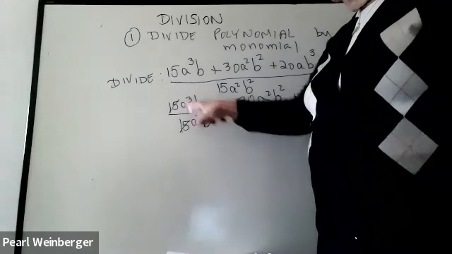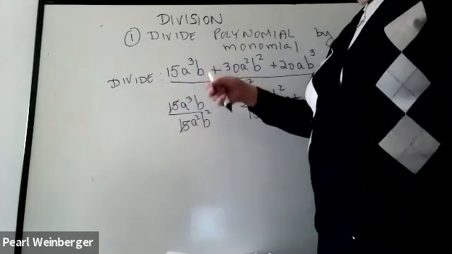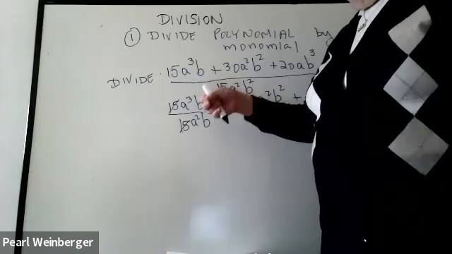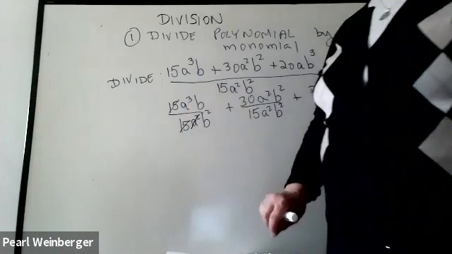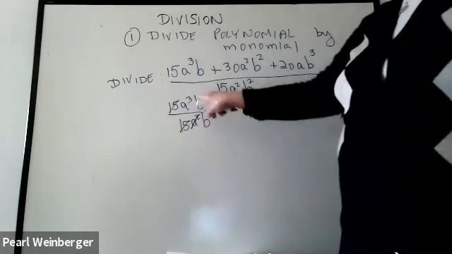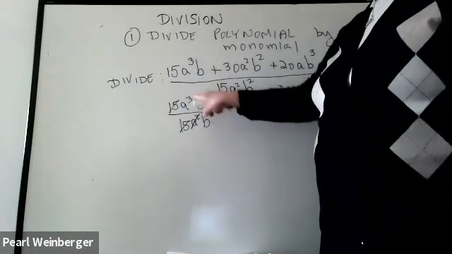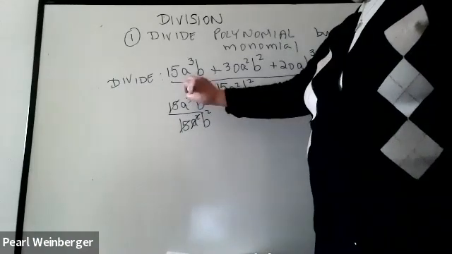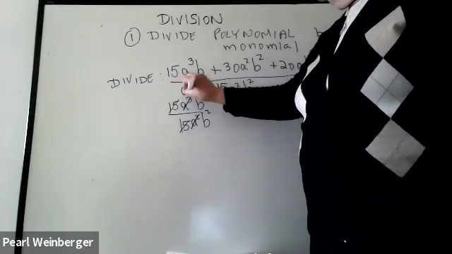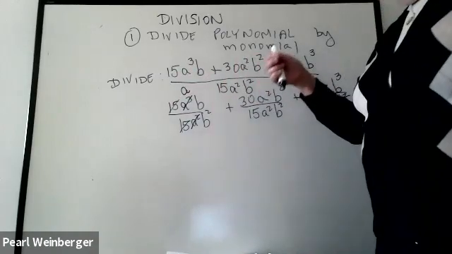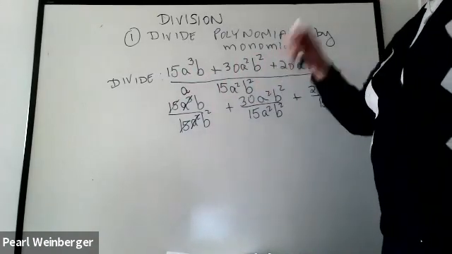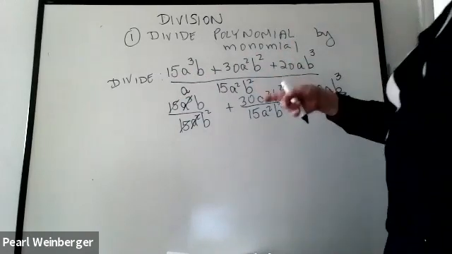There's an a to the third over an a squared. Remember what we did before. We cancel out the one with the lower exponent and subtract that exponent from the higher. So 3 minus 2 is 1. And we get a to the 1, which is just a plain a. Remember that the letter remains where the higher exponent is.